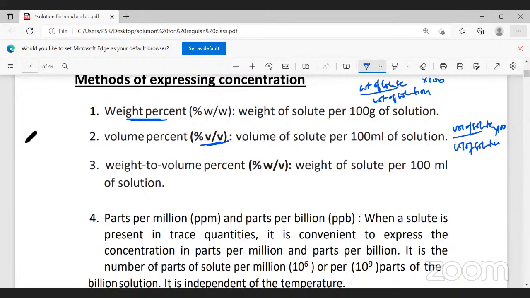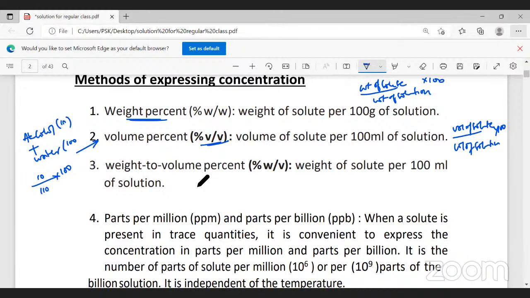Now, for an example, if I say take alcohol in water, if you take 10 ml alcohol and 100 ml water, then what's the percentage? 10 divided by 110 into 100. That will give you the percentage: volume of alcohol over volume of the solution into 100. Next, weight to volume percent: weight of solute per 100 ml of solution.